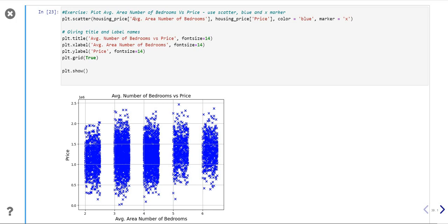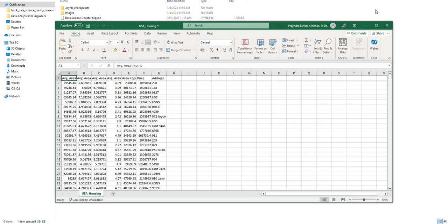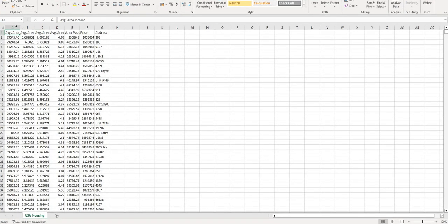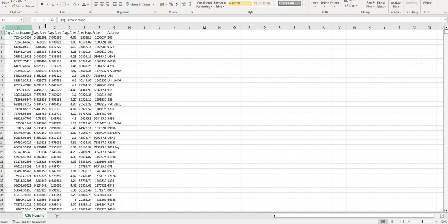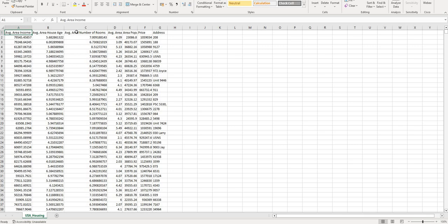This one is the average area number of rooms. So if we look at the data set, what is this? This one, average area number of rooms. It's not just number of rooms, right? It's average area number of rooms.